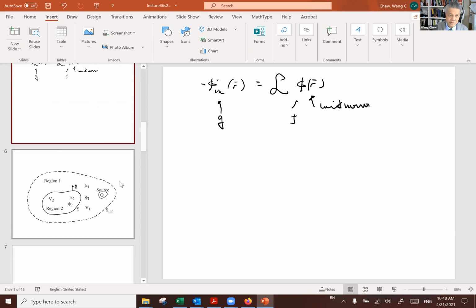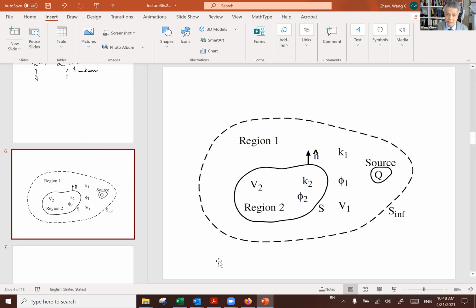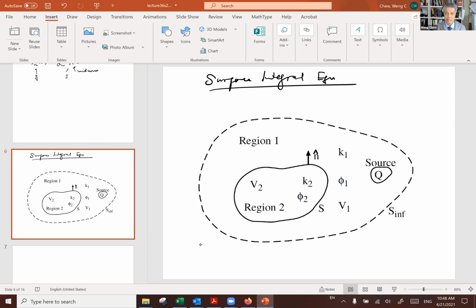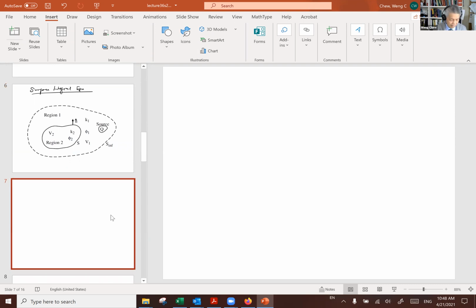And you can do this for a surface integral equation as well, which is what I will not discuss. It can be done using equivalence theorem. It's discussed in the lecture notes. Okay, and I will not go into the detail, but let me just say that it can be done.